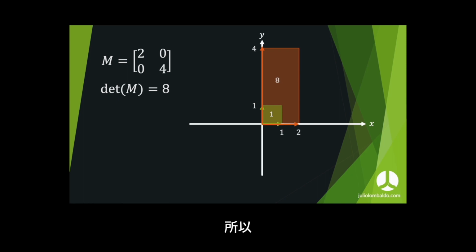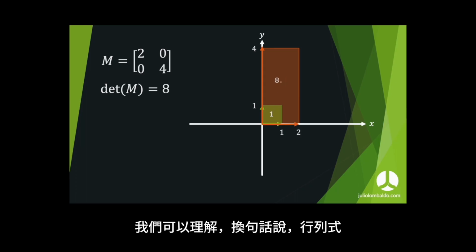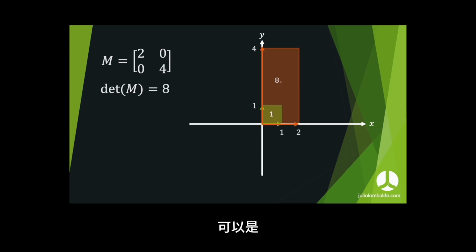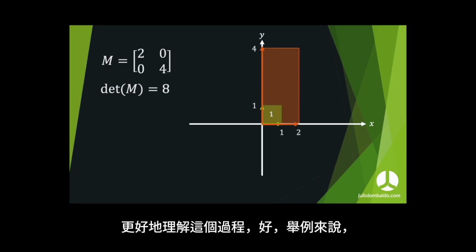So this is the same as 8 times 1, that is, the determinant 8. So we can understand that the determinant, in other words, can be the product between the first area and the new area.